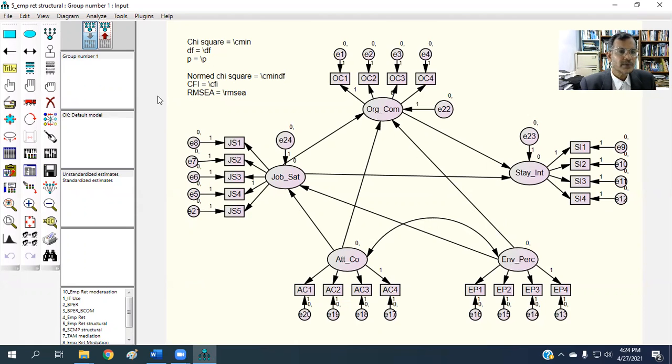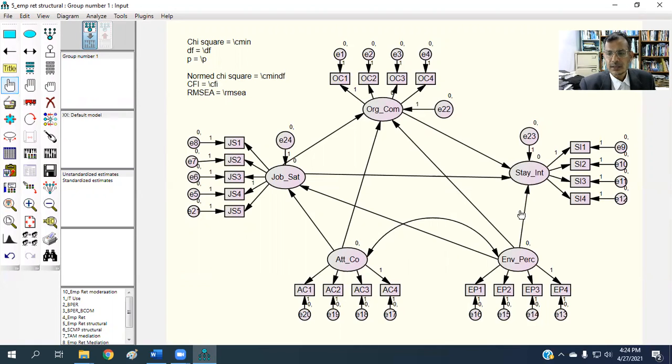So firstly, I will go to the edit mode, and then I will add the direct path. To test mediation, we must add the direct path between these two constructs, environmental perception and staying intention.